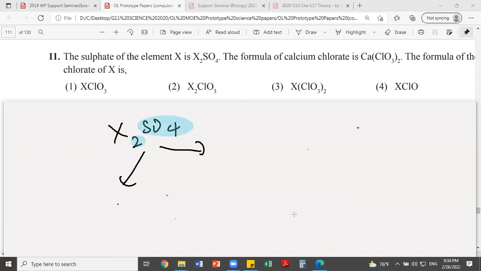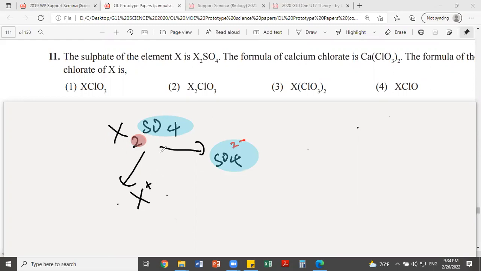Therefore, sulfate becomes SO4 2 minus. Right? Then next one, X becomes what? X becomes X plus, because the other side nothing. X will be X plus.